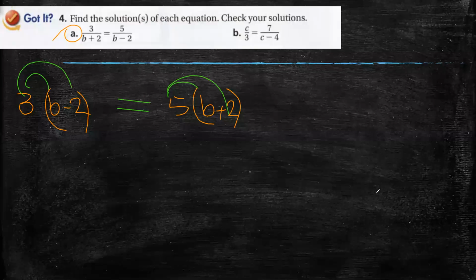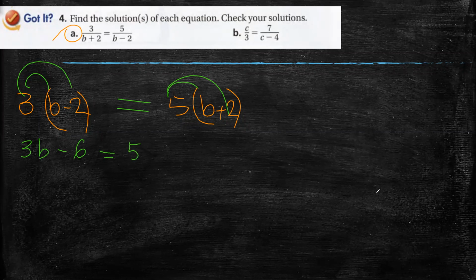Then 3 times b is 3b, minus 3 times 2, which is 6, equals 5 times b, 5b, plus 5 times 2, which is 10. Then after that, let's rearrange our equation.